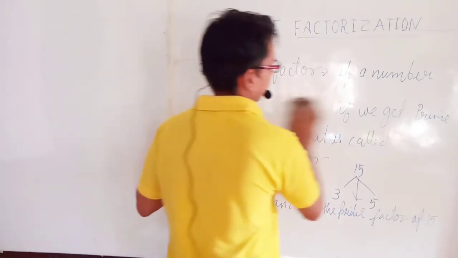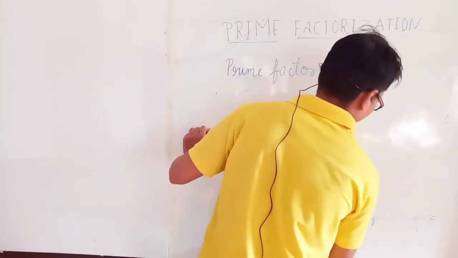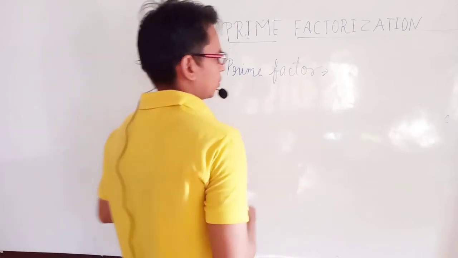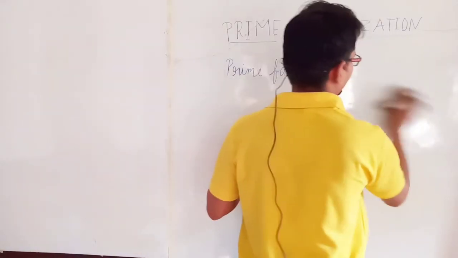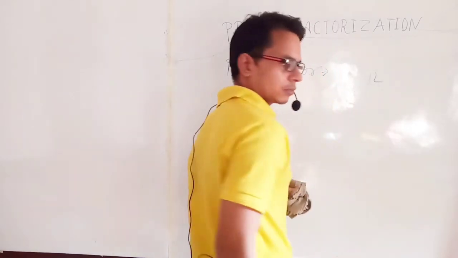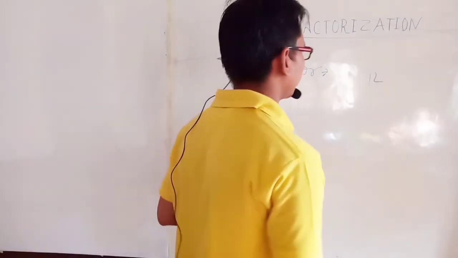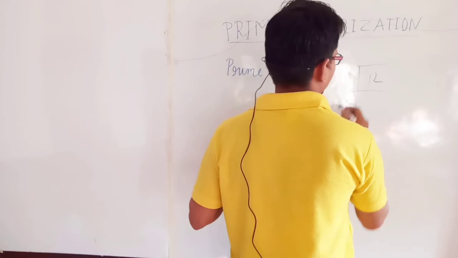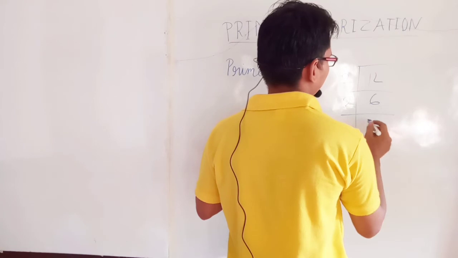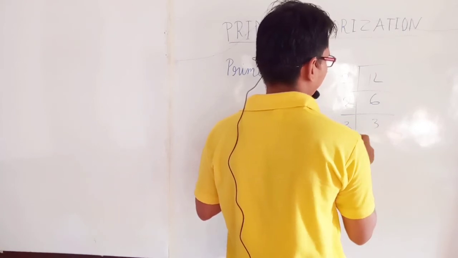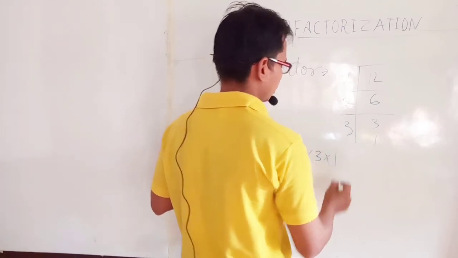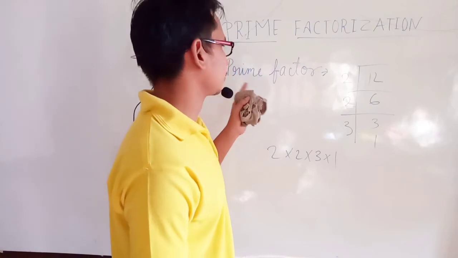Now we see, like we are given 12. If we factorize 12, we get 2 sixes are 12. Now 2 threes are 6 and 3 ones are 3. So 2 into 2 into 3 into 1 are the factors of 12.